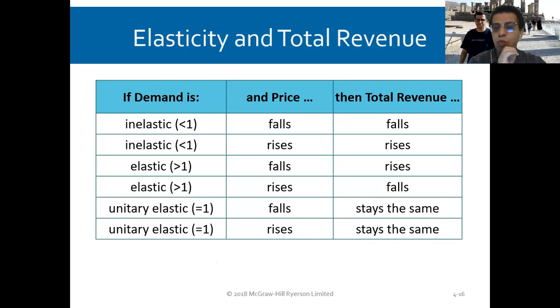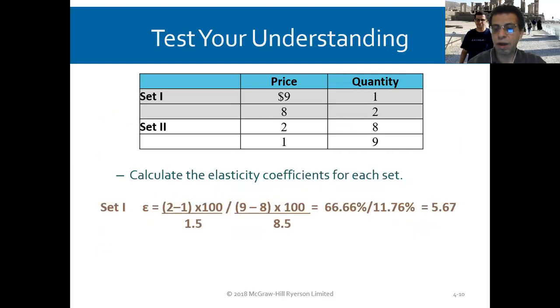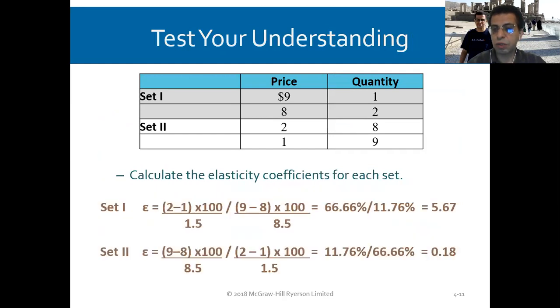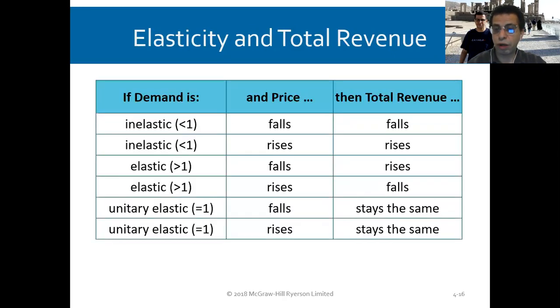Anything less than one, and you notice here we saw earlier the numbers we calculated here: 5.67, 0.018. 5.67 is more than one.